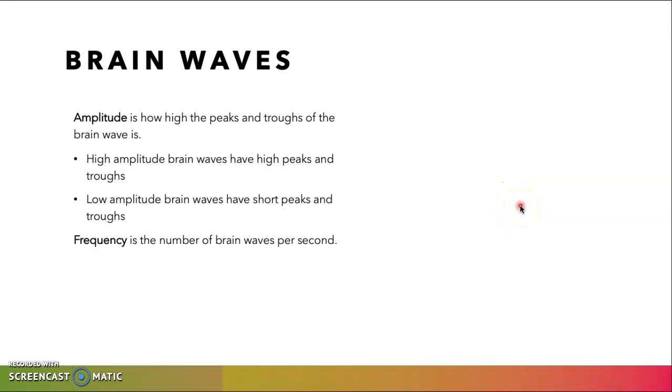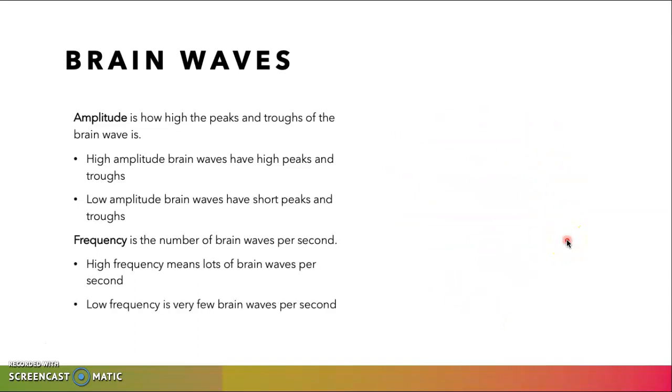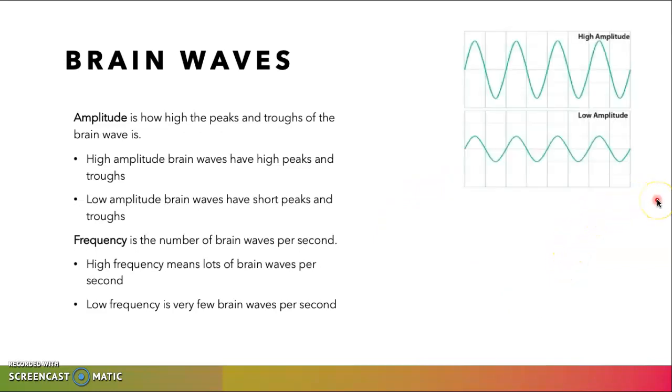Frequency is the number of brainwaves per second. So high frequency means there's lots of brainwaves per second. So there's lots of them really close together. And low frequency is very few brainwaves per second. So there's very big ones in terms of long waves.